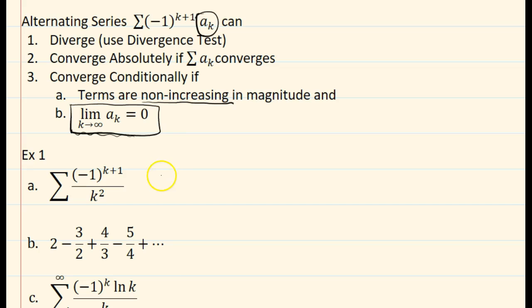Notice that we're going to take a look at the non-alternating part, which I'm going to write over here, is going to be 1 over k squared. The first thing we're going to do is take the limit of 1 over k squared as k goes to infinity. And we're going to find that's equal to 0. So the divergence test doesn't say it diverges. It says you need to pick another test.